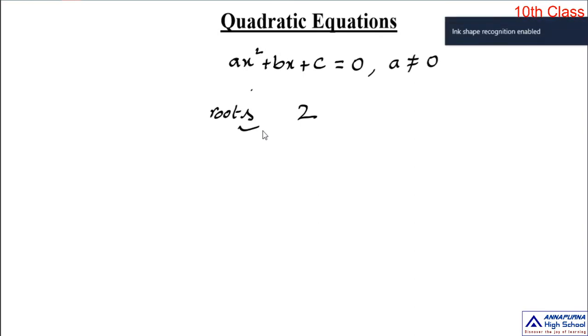That means every equation, whether quadratic, linear or cubic, has at least one solution. That means in the collection of real numbers, at least one value of the variable satisfies that equation. That is the most important point in this chapter.